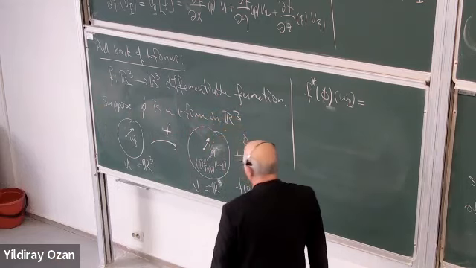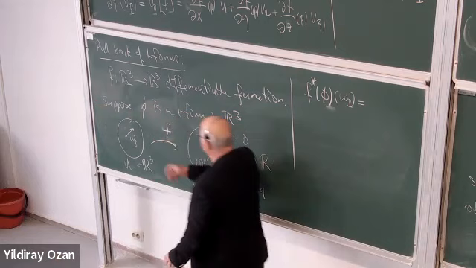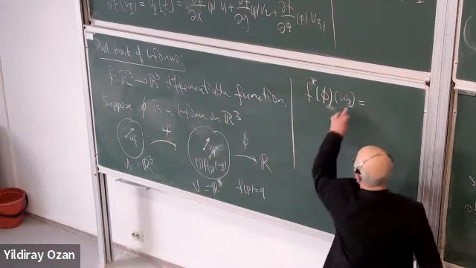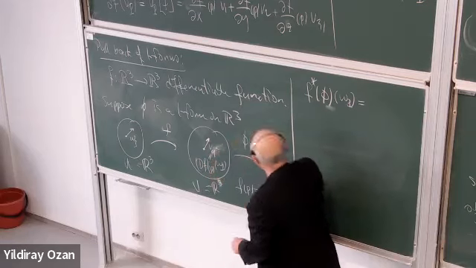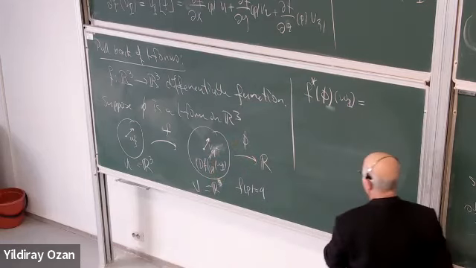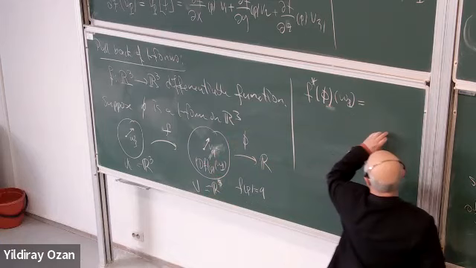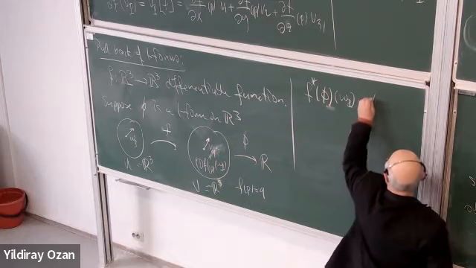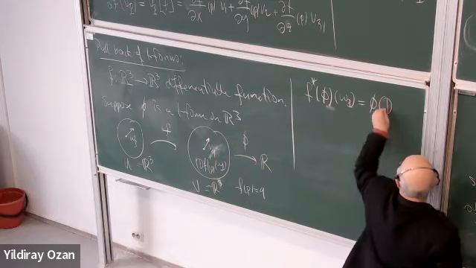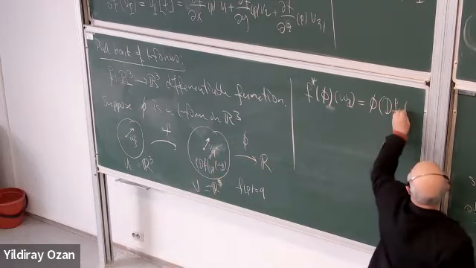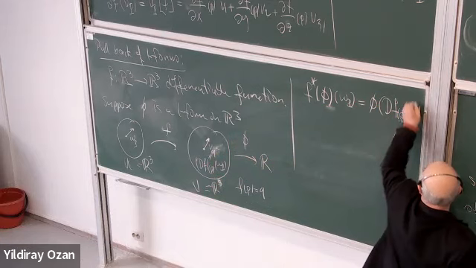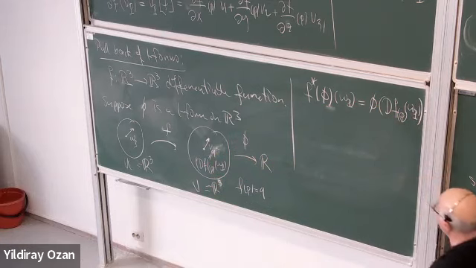I take the derivative map of f, the differential of it, and then I obtain a vector here, let's say VP, and then I just feed it to my one form. So this is just phi of the differential of f at the point P evaluated on the vector W, and then I feed it to my one form.